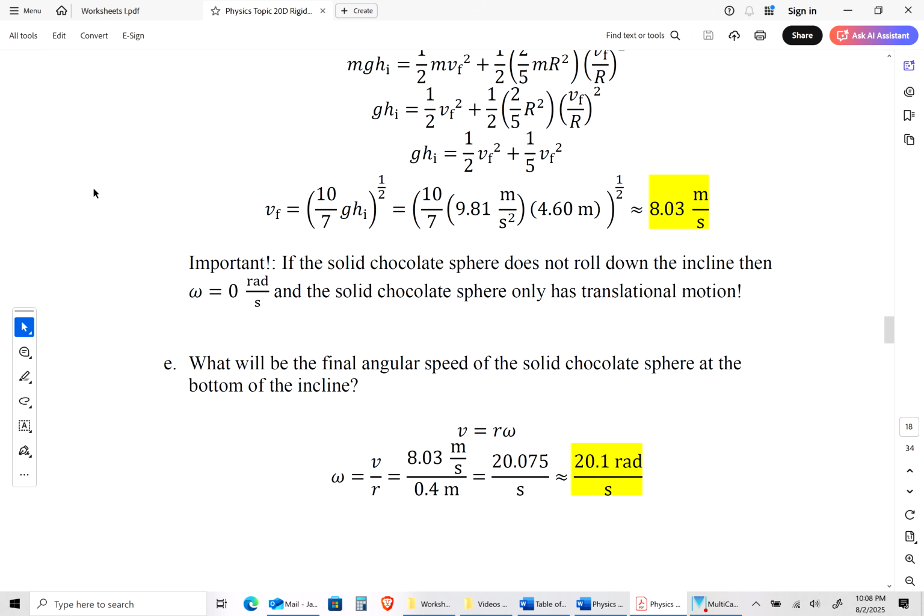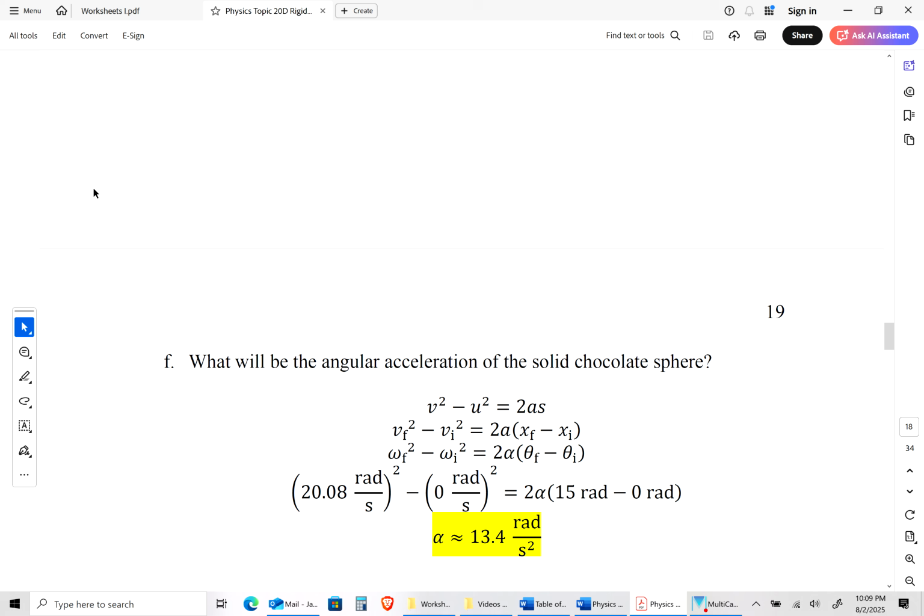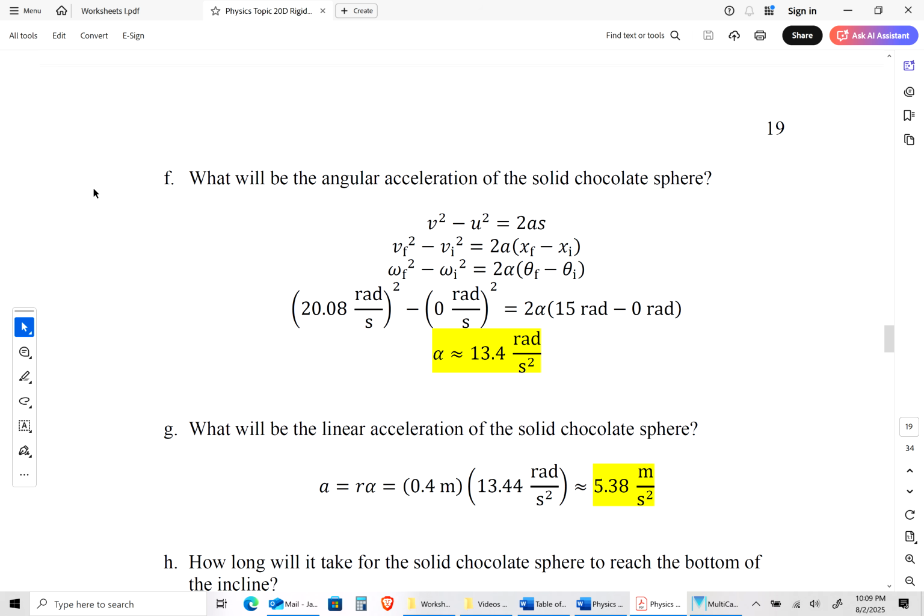Part E, what would be the final angular speed of the solid chocolate sphere at the bottom of the incline? Angular speed, V equals R omega, solve for omega. Part F, what would be the angular acceleration of the solid chocolate sphere?